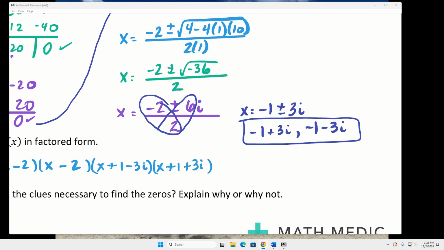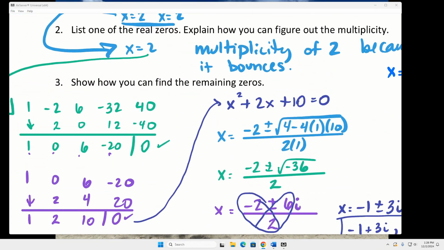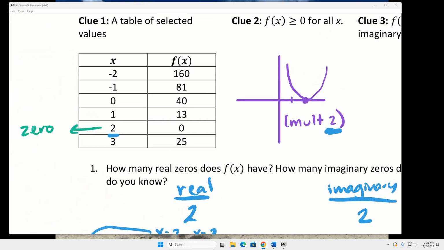All right, so that's taking a whole bunch of things we've learned and putting it all together. All right, and then number 5 says, and we're not going to really write this down, but it's fine. Were all the clues necessary to find the zeros? The first one was we needed to know a zero, so the table was necessary.